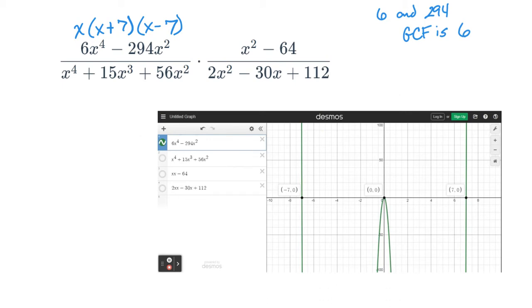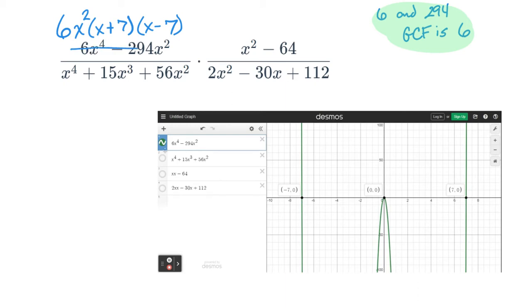So this term has 4 possible factors, and we have identified 2 of them, leaving us with 2 more, and they both happen to be here. So if we were going to factor this out, we would have an x squared from the bounce at the origin times x plus 7 from this point and x minus 7 from this point. So that would be our factored form.